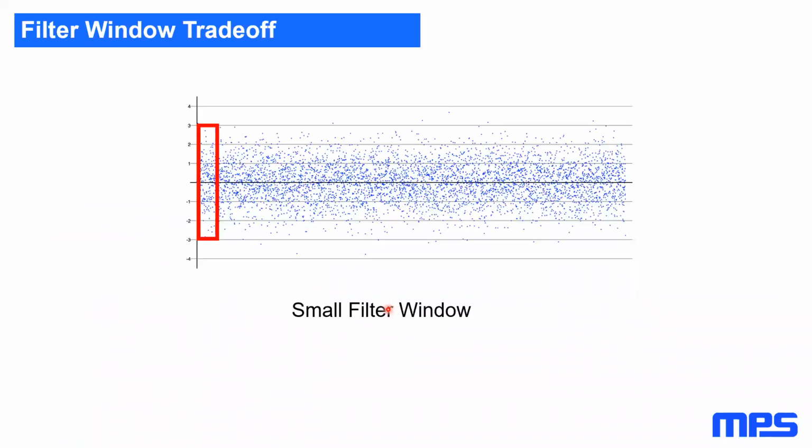All right, so let's talk about why this happens. We're going to go back. We've got our nice Gaussian noise diagram here that we used before, and I'm going to take a small filter window and scan it across that noise. When I scan it, at the front edge of this filter, I'm going to output the average of all the points that are inside this window.